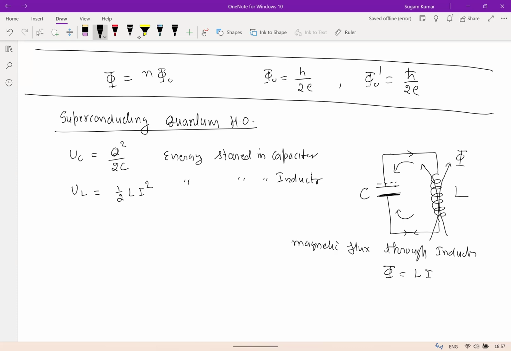L times I. So with this logic, I can calculate the I value. So this is going to be phi upon L, and you can put that here. So this UL becomes simply phi square upon 2L.